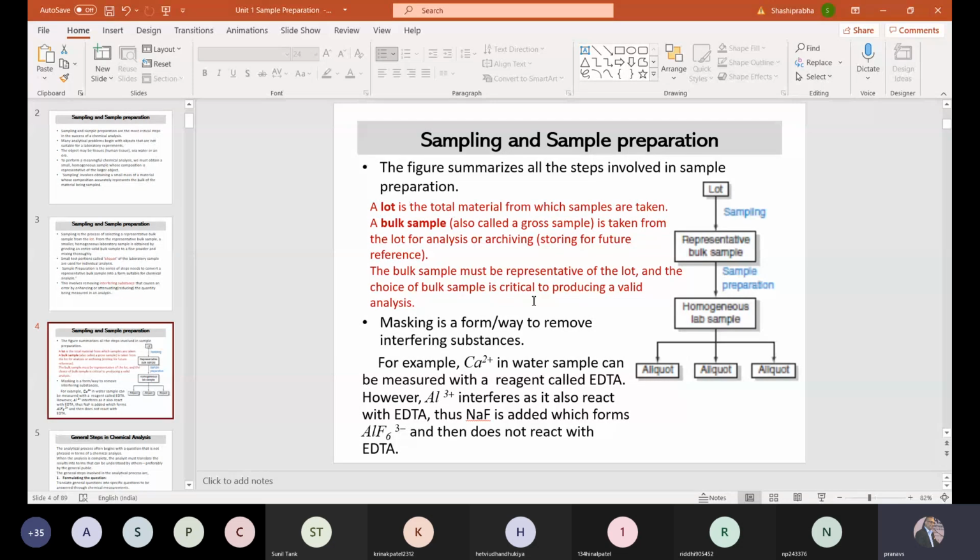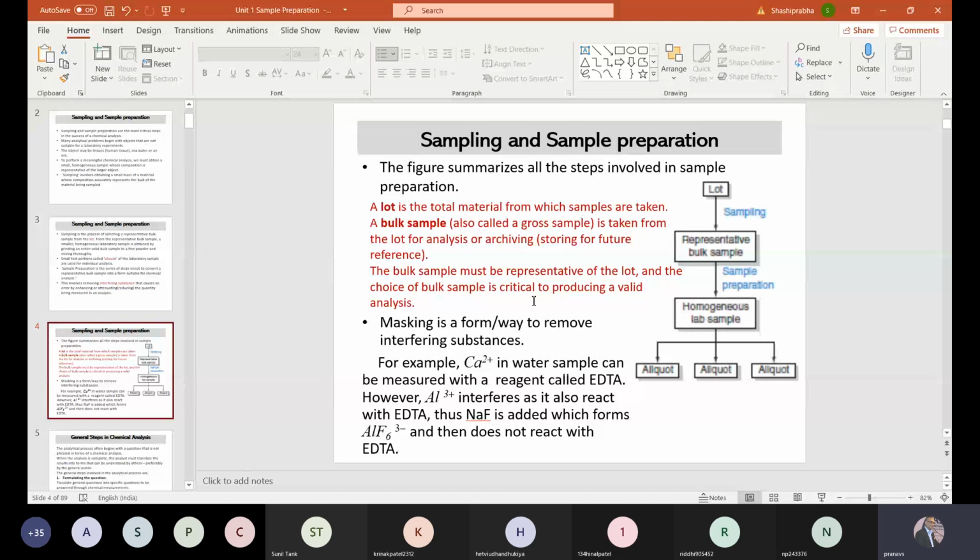And then once you have obtained a representative bulk sample, you do some processes such that it can be readily analyzed by a technique or an instrument.